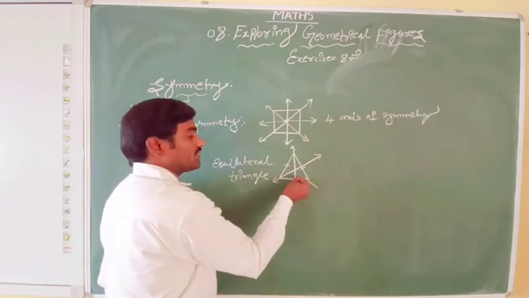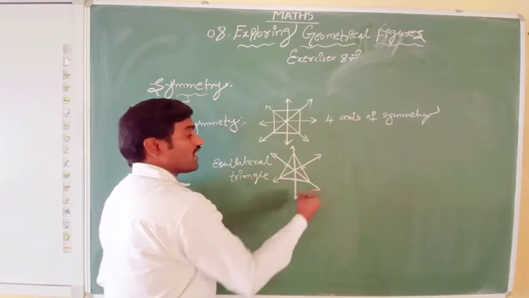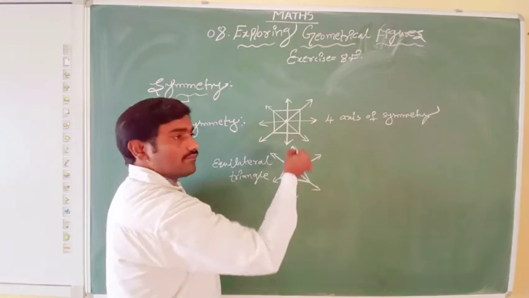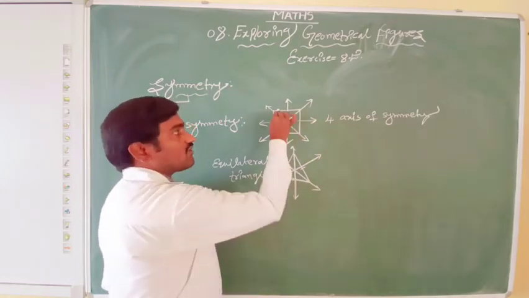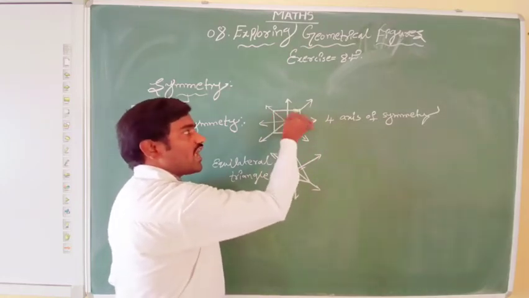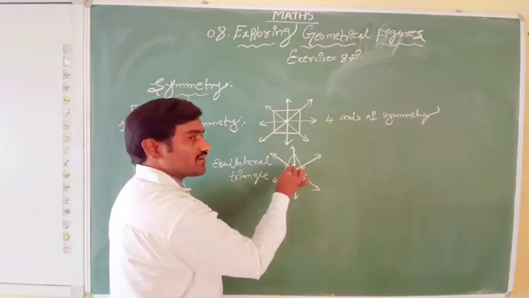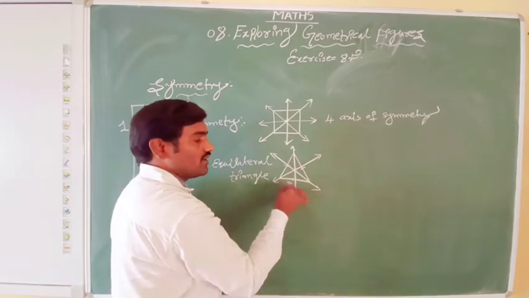This applies only to regular polygons. A triangle is a regular polygon, I can say, because if all the sides and angles are equal, it is called a regular polygon. In the square, all sides are equal and all angles are equal, so it is a regular polygon. In an equilateral triangle also, all angles are equal to 60 degrees and all the sides are equal.